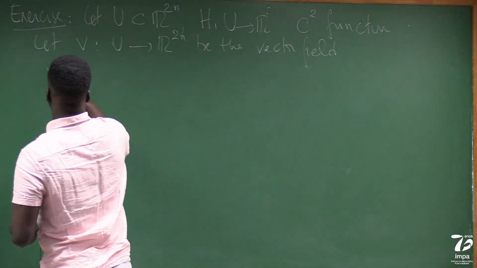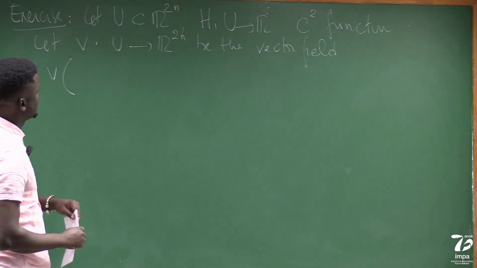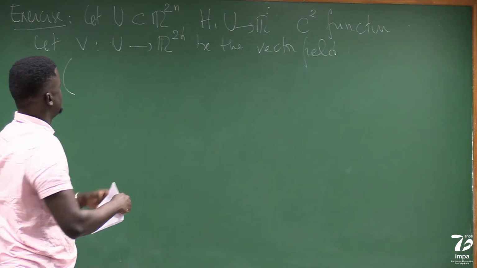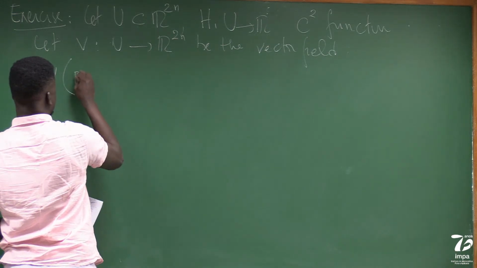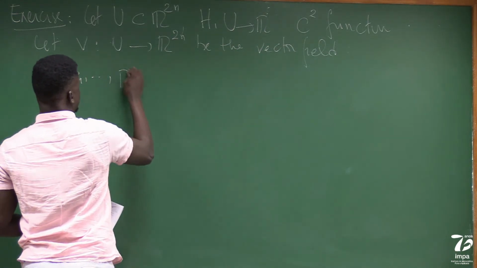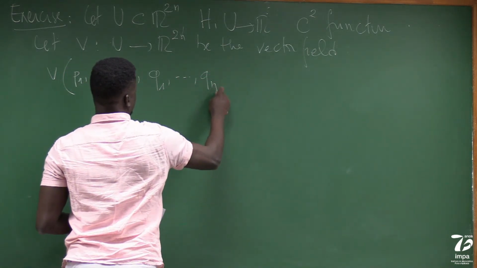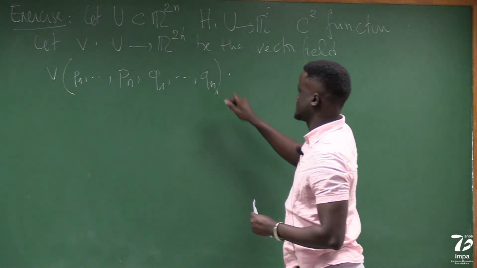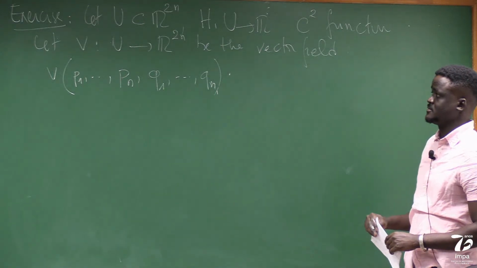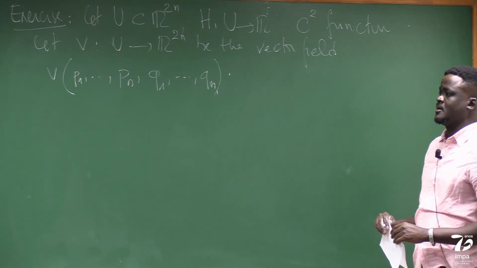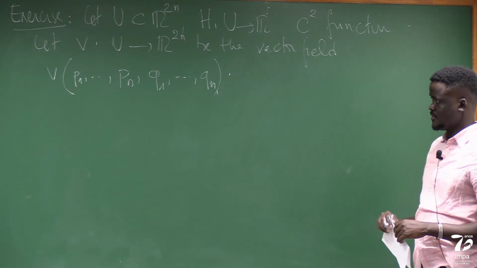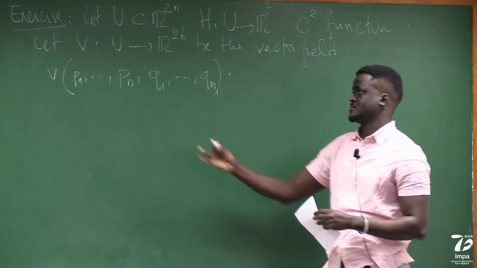Here I'm using the coordinates P1 to Pn, Q1 to Qn. These are the usual coordinates that people use on the cotangent bundle to define the Hamiltonian.